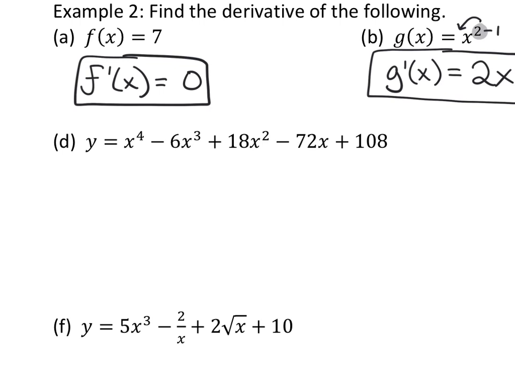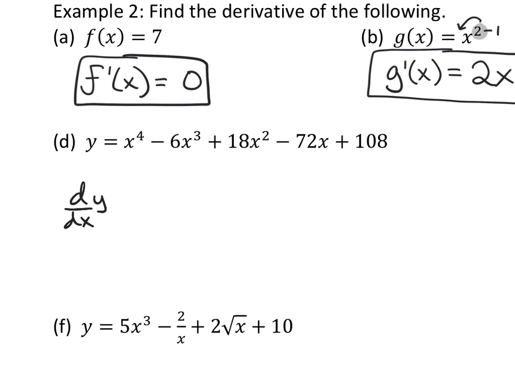We're going to have y equal to x to the 4th minus 6x cubed plus 18x squared minus 72x plus 108. But every single term you do independently. That's what that sum and difference rule is telling me. So I just do it bit by bit. For dy over dx, which I changed how I'm writing the derivative because it's not f of x, it's y.